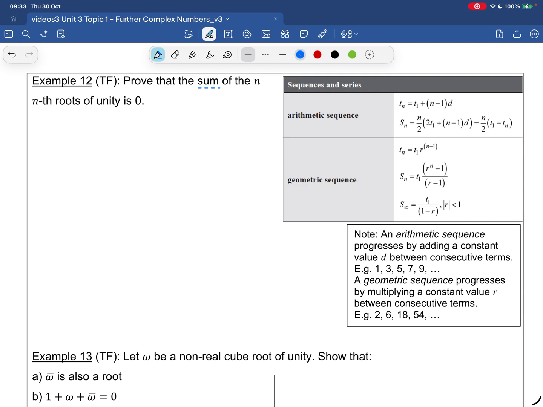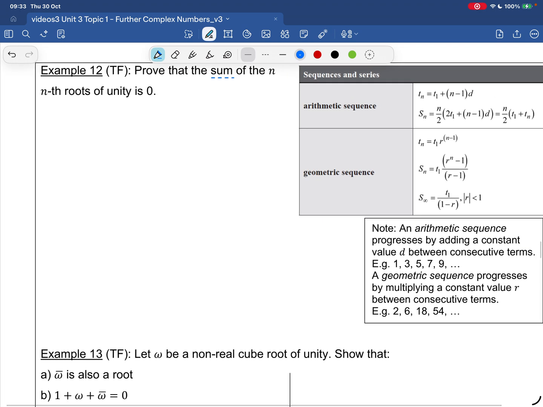So if we've got all of our roots, so 1, then W, then W squared, then W cubed, etc., to W^(n-1), or omega^(n-1), what we have is that to get from 1 to W, I multiply by W. And then from W to W squared, I multiply by W. From W squared to W cubed, I multiply by W. So we call this a geometric sequence.